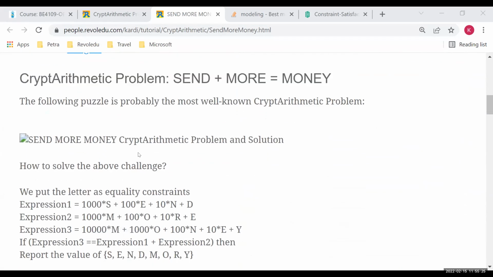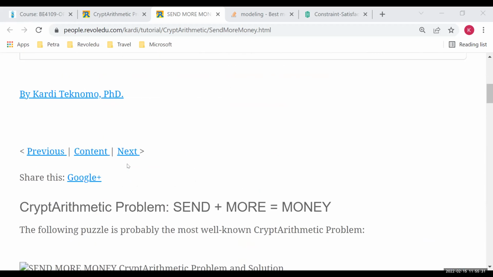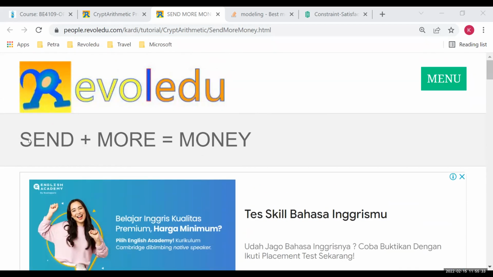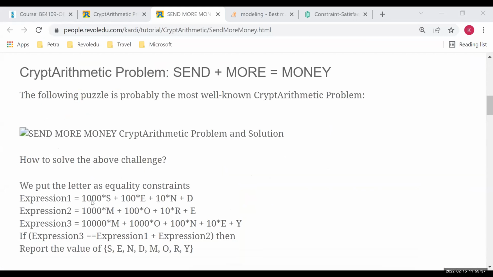Of course, in the usual way we compute, S in this case is multiplied by 1000, E is multiplied by 100, N is multiplied by 10, and D is just multiplied by 1.